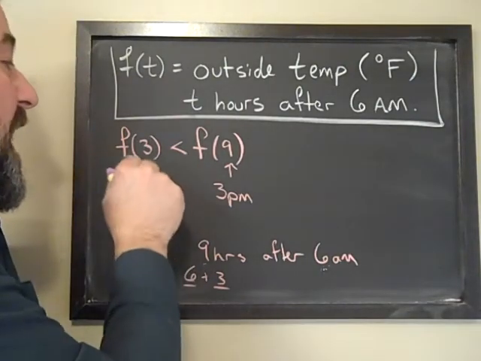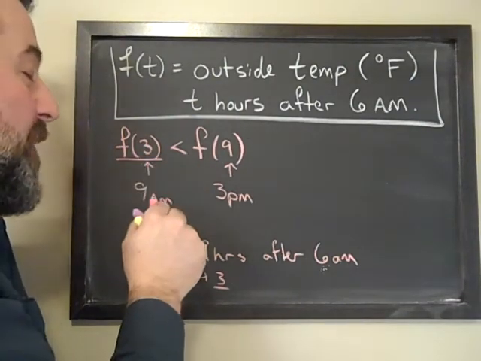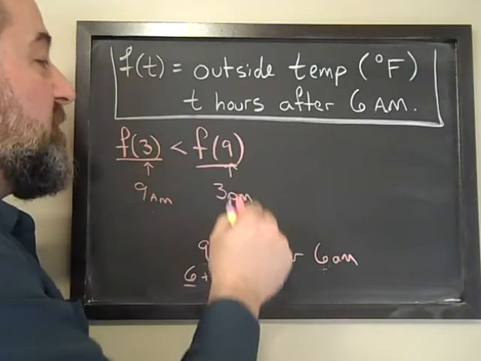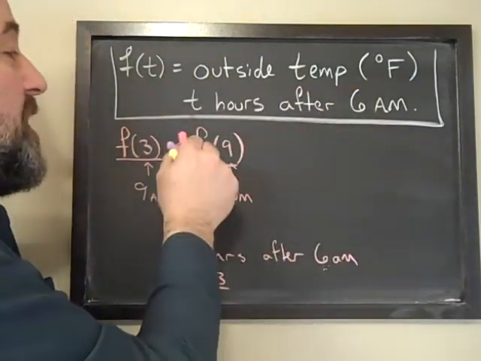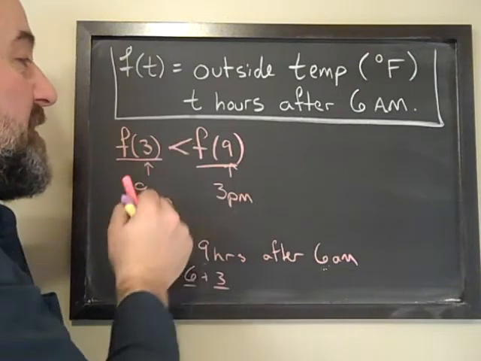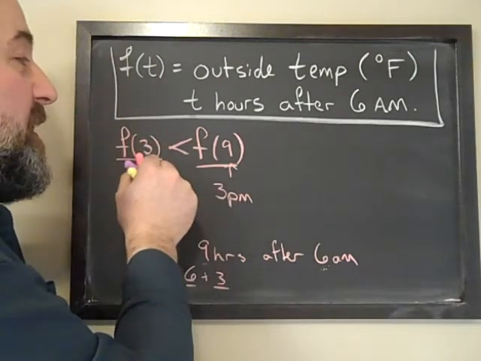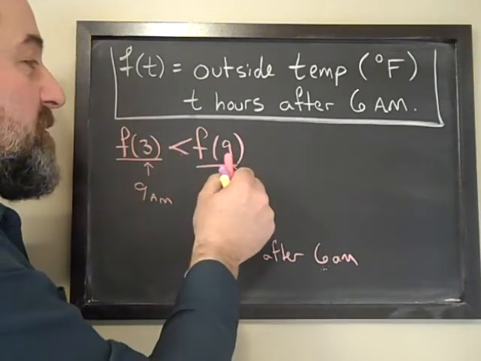So we're looking at the function evaluated at 9 a.m. and the function evaluated at 3 p.m. The function tells us outside temperature. This less than means the temperature here is less than the temperature here.